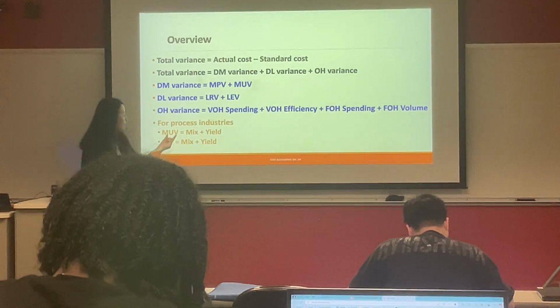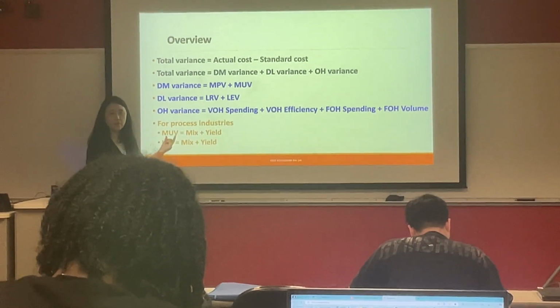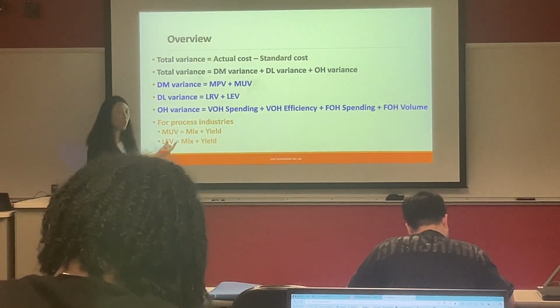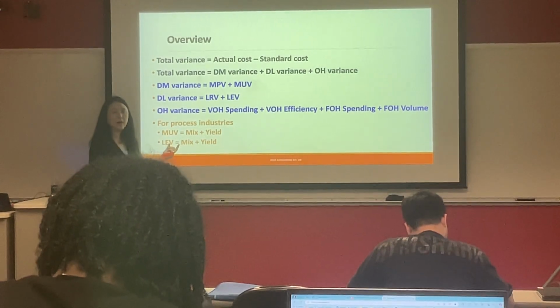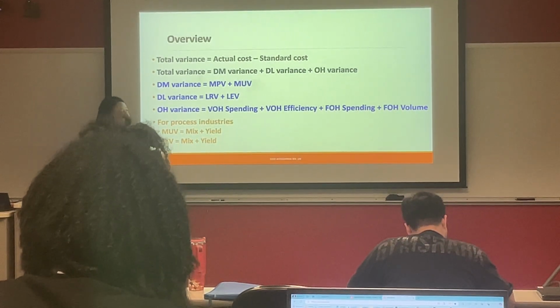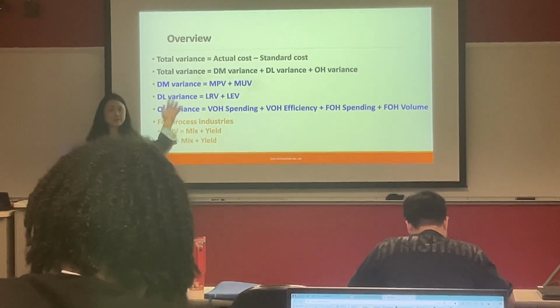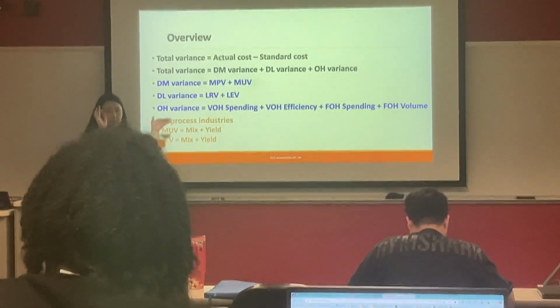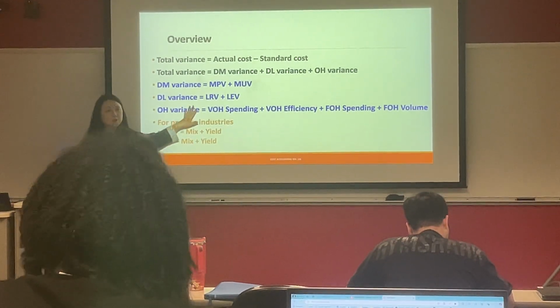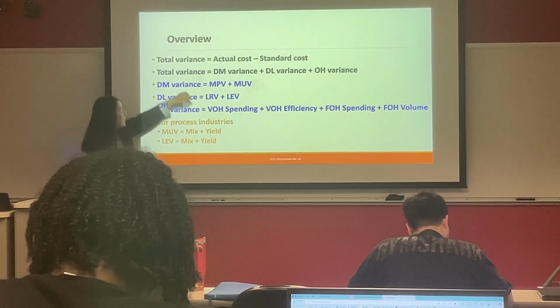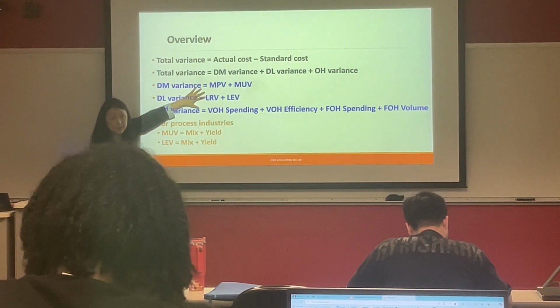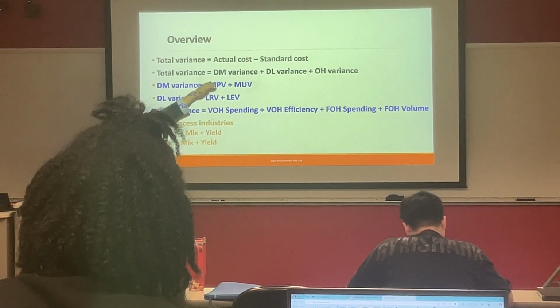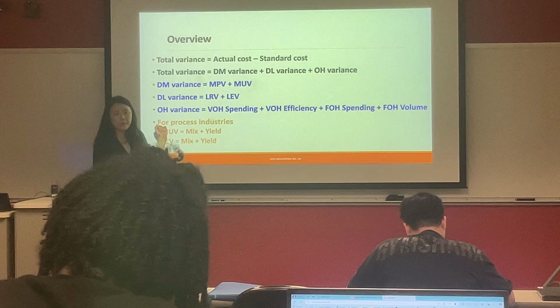Notice that this is all for the quantity, only for the quantity of the material and the quantity of the labor. So conceptually, you need to understand what we are doing and how we are going to do this. This is not enough, and then we need to look at the price component and the quantity component.